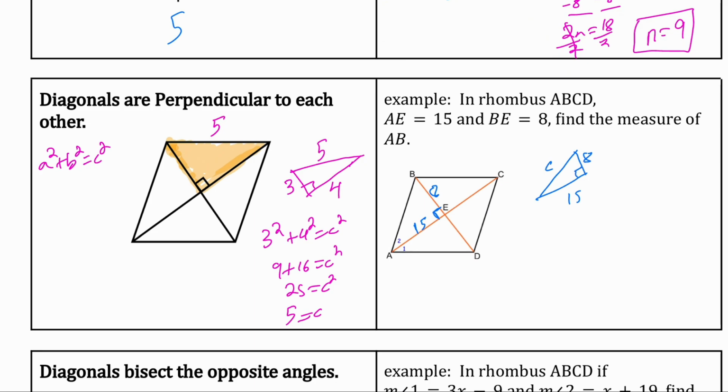So we could apply the Pythagorean theorem. 8 squared plus 15 squared is equal to c squared. And again, add them up, take the square root. But if you do know your Pythagorean triples, we could just say c equals 17. 8 squared plus 15 squared is equal to 17 squared. If you don't know your triples, just do the math out to check that one out.